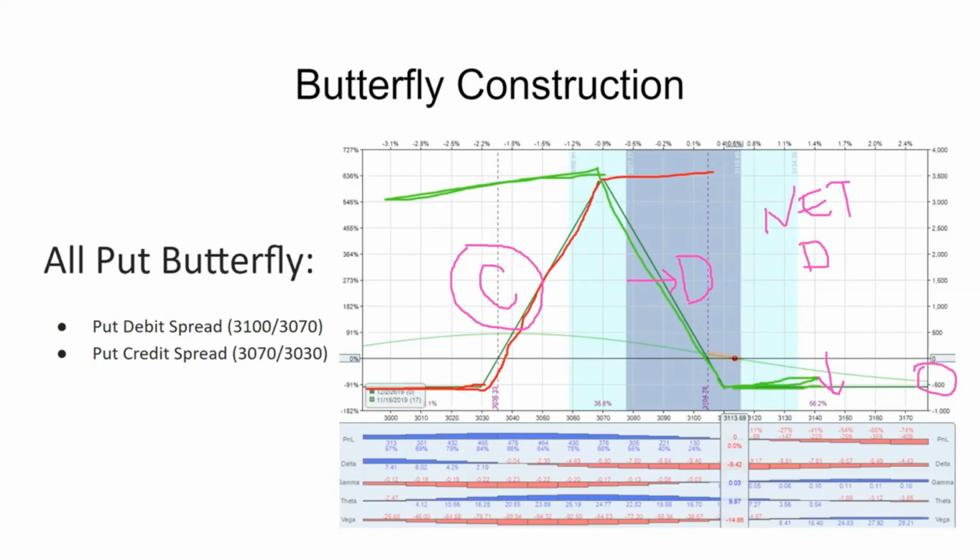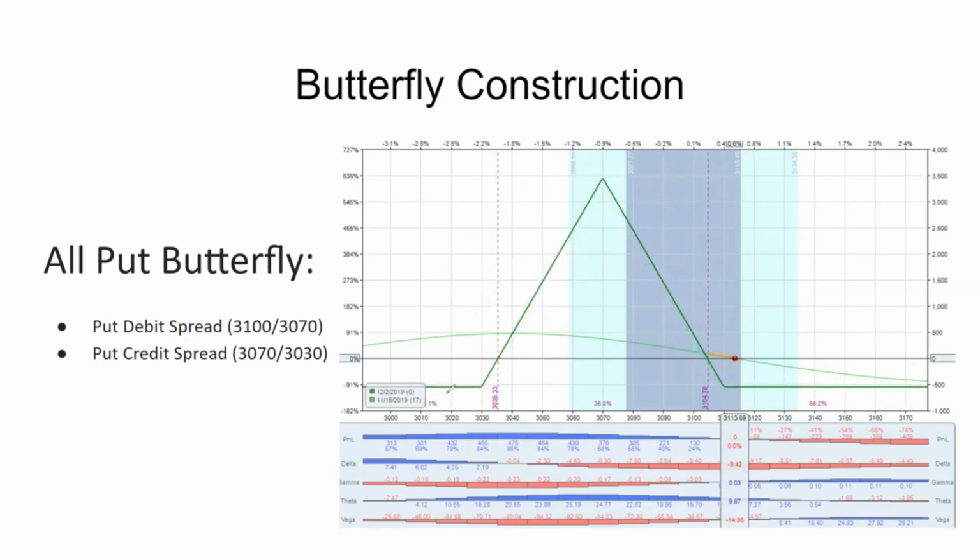And I hope this is clear that if we're bearish, the reason why we want to place this butterfly out of the money to the downside is so that the debit spread that we're buying here is going to increase in value if the underlying starts to move in the direction of this trade.